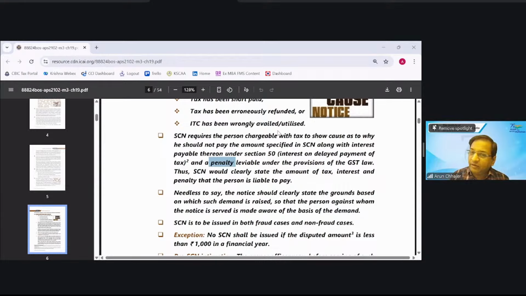What is the difference between wrong availment and utilization? Availment means there was an ITC appearing in the GSTR 2B, I have added it in the GSTR 3B, in any table, let's talk about 4A5, GSTR 3B. And that's it, I have filed my return. It is availment only. In the next month, there was a tax liability of 10 lakh rupees.